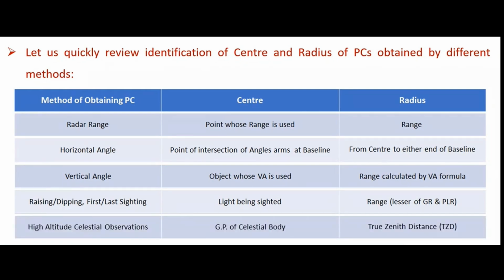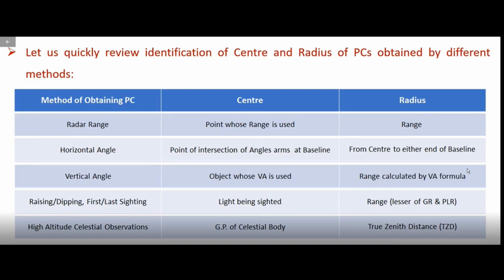High altitude celestial observations, in case they are applicable to your grade: the GP or the geographical position of the celestial body acts as the center, and the true zenith distance expressed in minutes is the radius of the position circle. So beta, we have a summary of all the methods which we use to draw position circles, giving us the center of the circle as well as the radius.